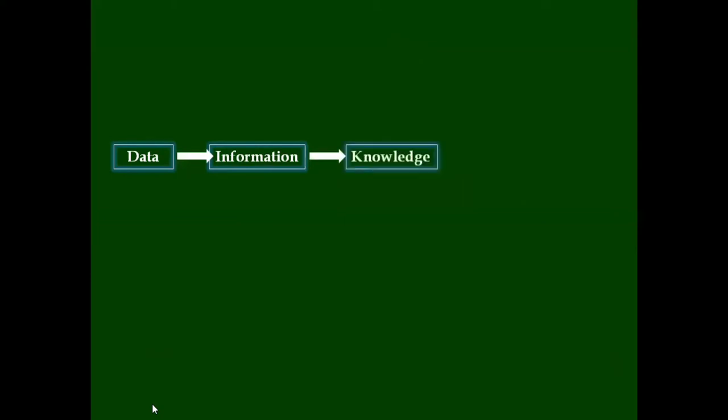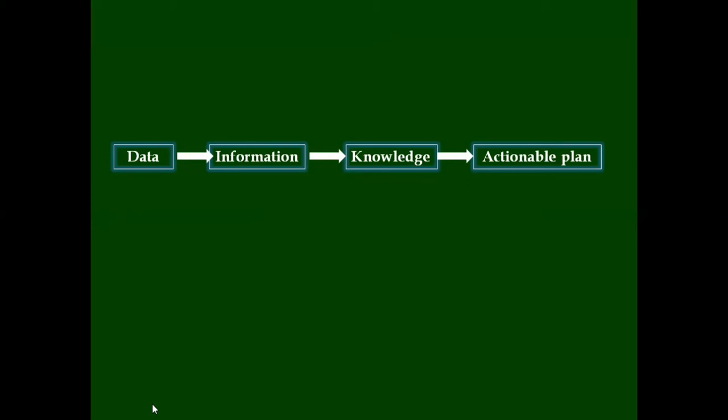First of all, we have the data, and after processing the data we get information, and after getting the information we have the knowledge, and after applying that knowledge we have the actionable plan. For example, in an organization there are different types of decisions, like operational decisions, tactical decisions, and strategic decisions.